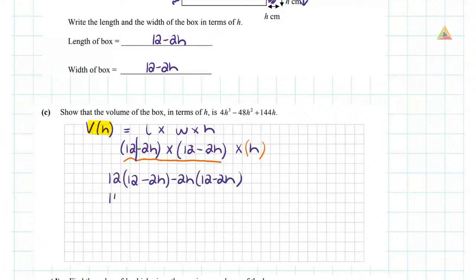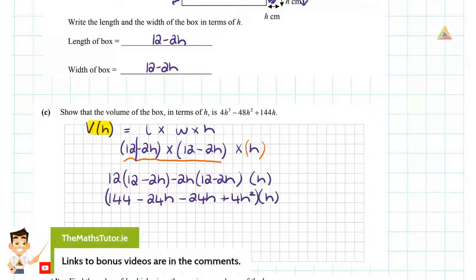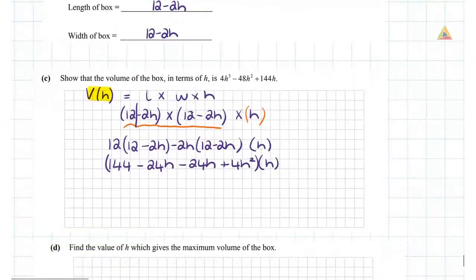So that's giving me 144 minus 24h minus 24h, and it's a plus 4h squared. And don't forget that we also have to multiply in by the h at the end. So simplifying what's in the first bracket, it's 144.